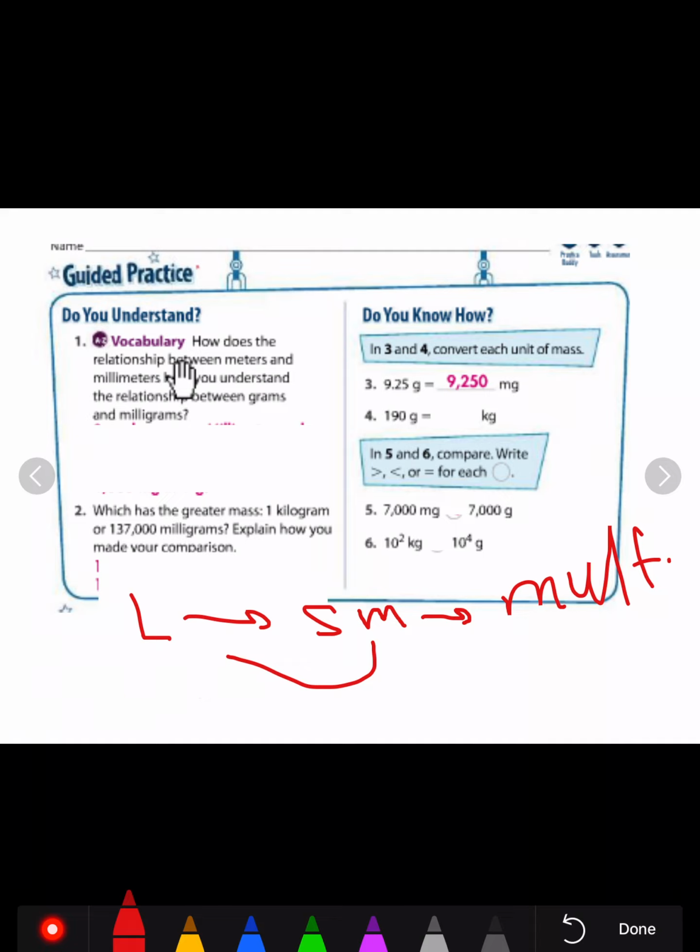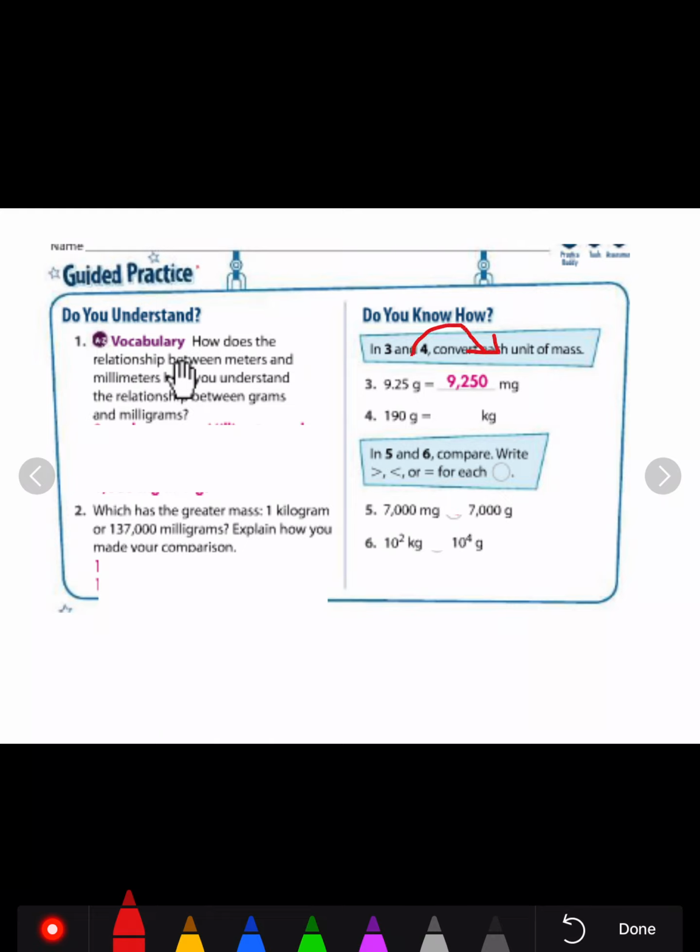So I need to change from a large unit to a small unit. From gram to milligram, we need to multiply by 1000. So I move the point to the right 3 steps. It becomes 9250, because you move it 1 step, 2 steps, then you add 0, so it becomes 9250.